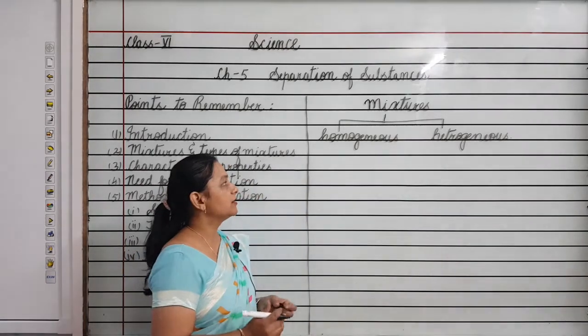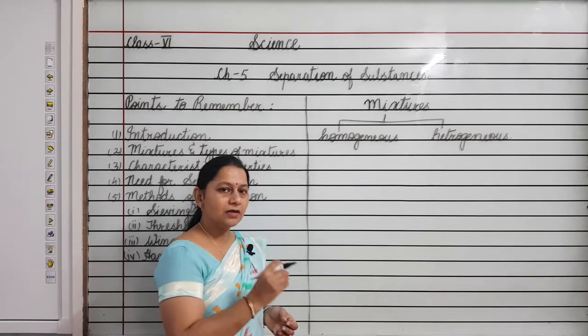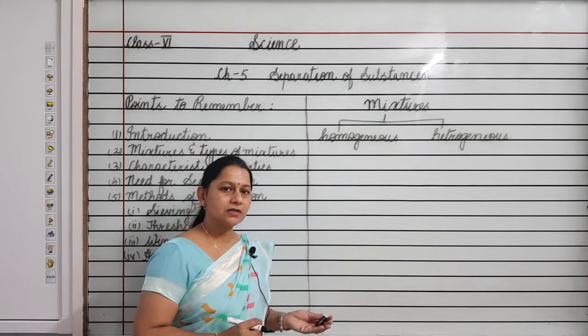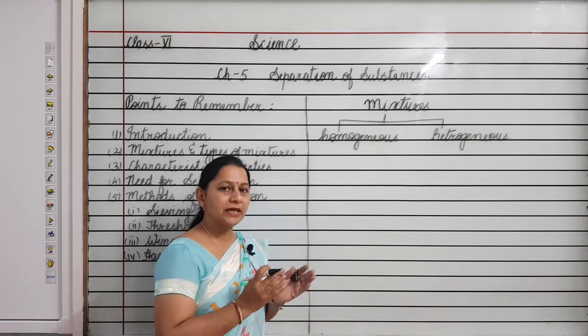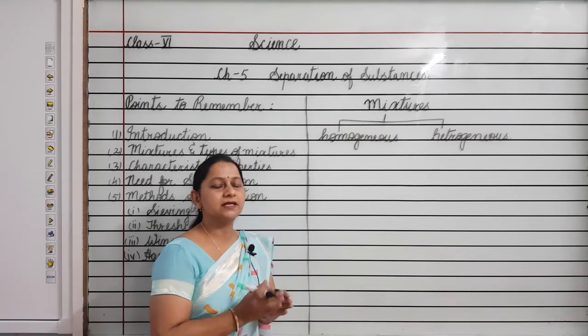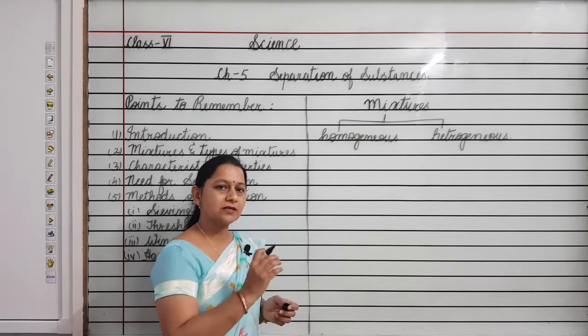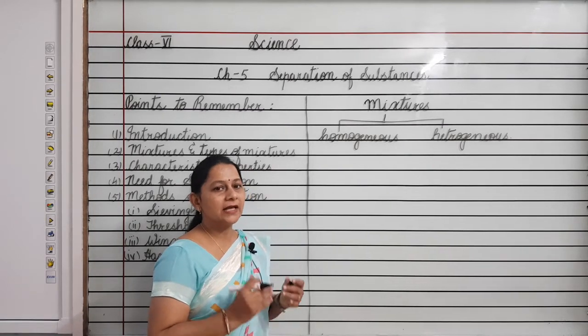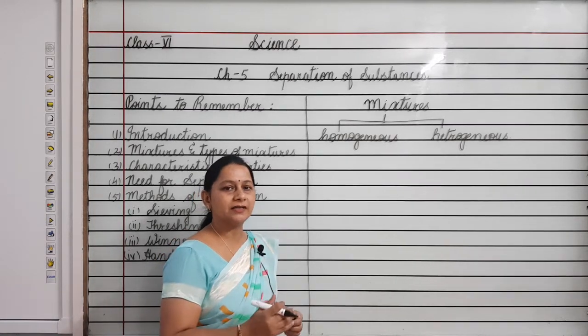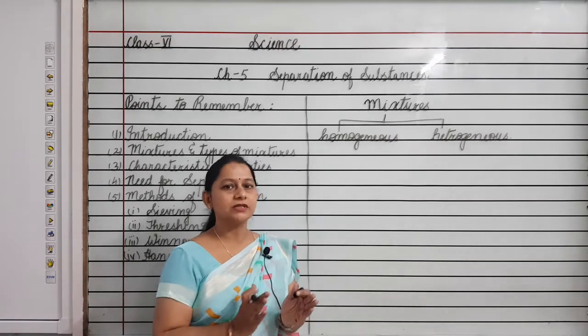Like when we dissolve salt in water, the salt molecules mix, they get into the spaces between the water molecules, and thus we are not able to identify salt and water differently.